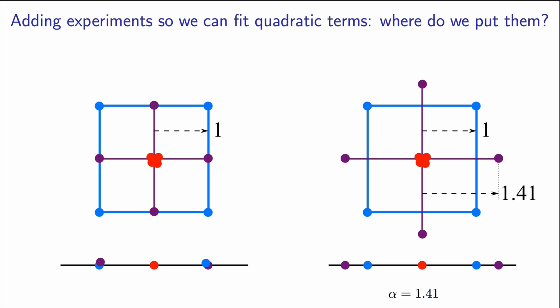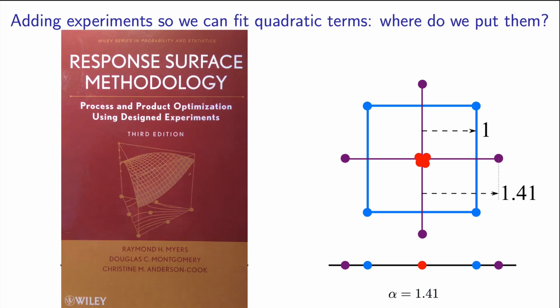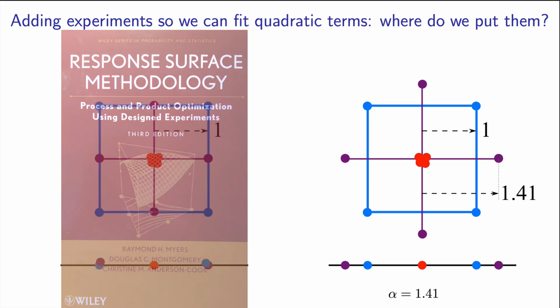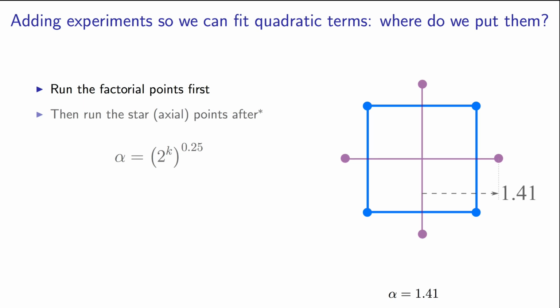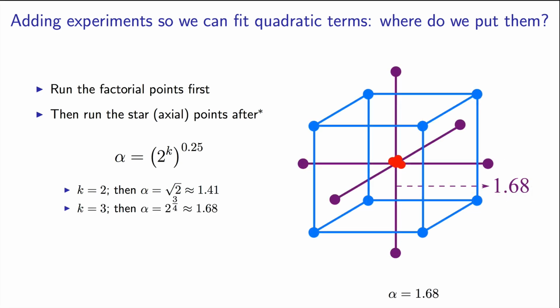Now, there are various choices on the distance alpha and the number of center points to use, but that's a messy discussion that you can research quite easily. The general advice is this though. Run the factorials first, then run the star points afterwards at a distance of alpha equal to 2 to the k taken to the power of 1/4. So if you have two factors, alpha is equal to 1.41, and if you had three factors, you would have alpha equal to 1.68.